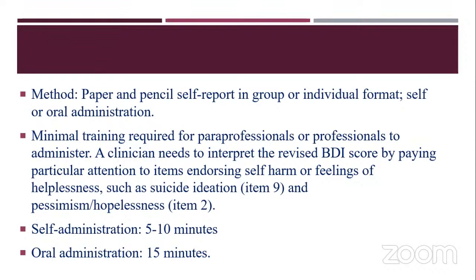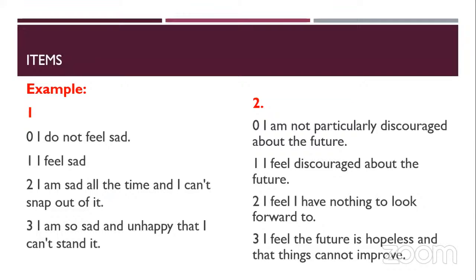The main area we give importance to is self-harm or feelings of helplessness, such as suicidal ideation, which is item 9, and pessimism or hopelessness, which is item 2. We have also given the time needed for self-administration and for oral administration. Is it clear?